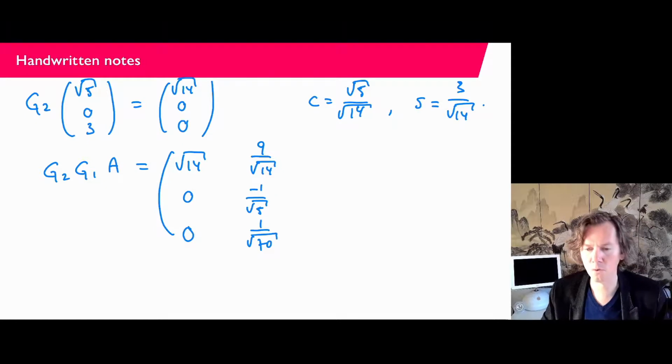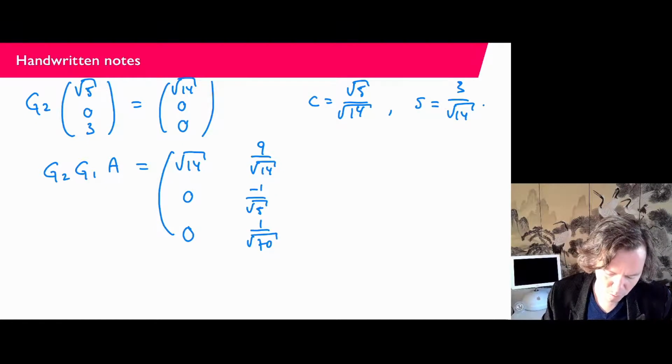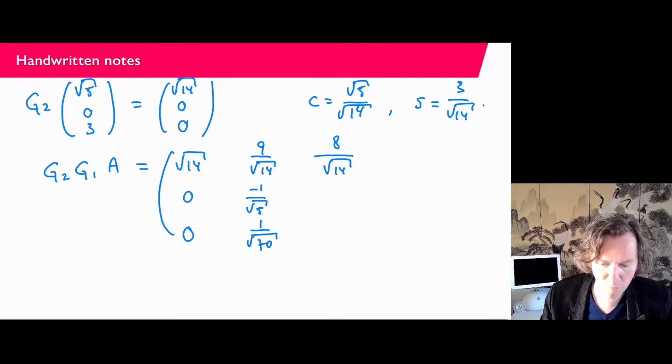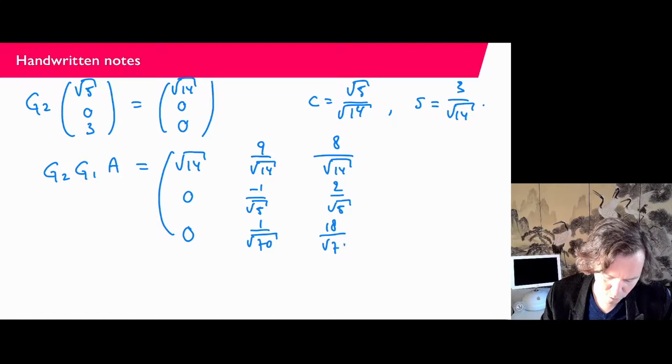You realize why you normally would want to do this on a computer. And the last column is 8 over square root of 14, then 2 over square root of 5, and the last entry is 18 over square root of 70.